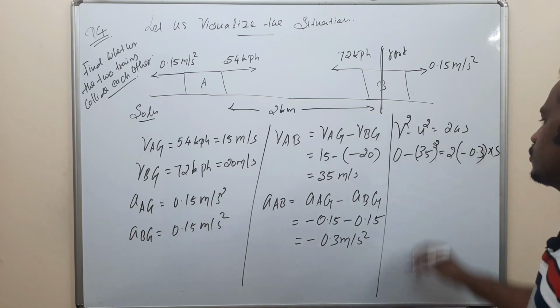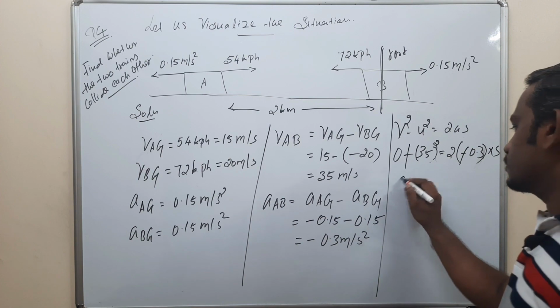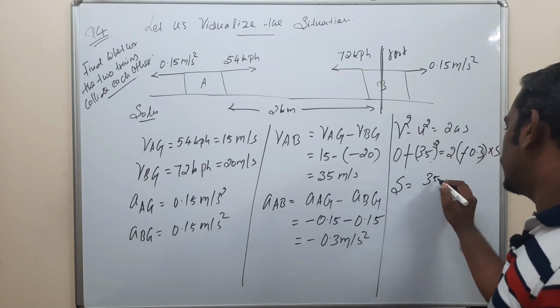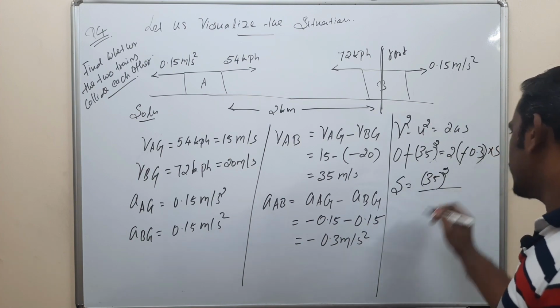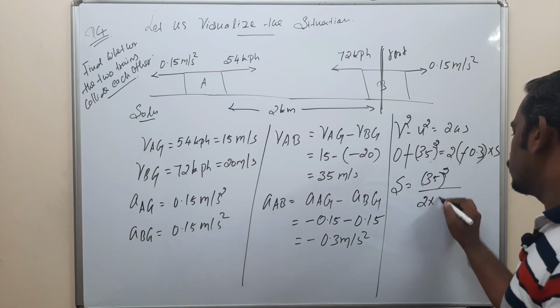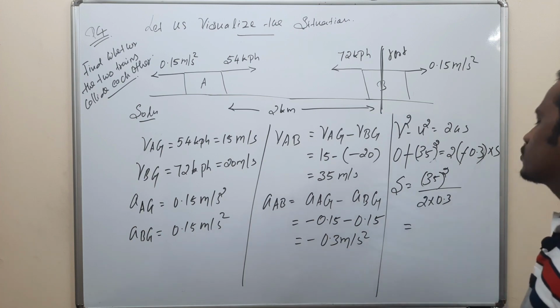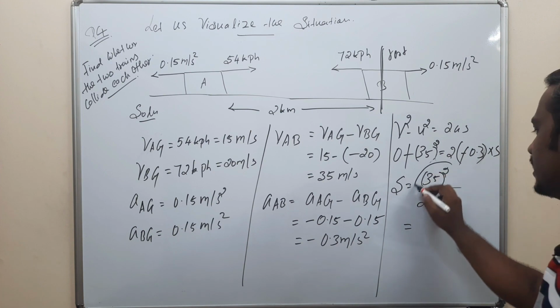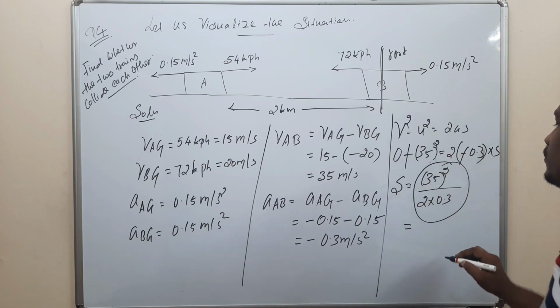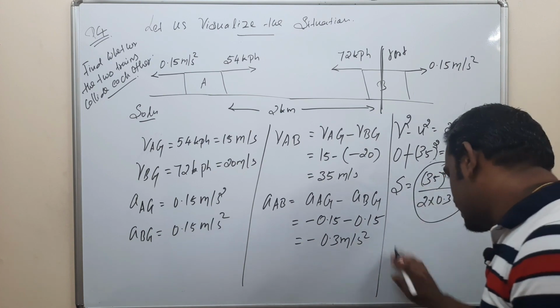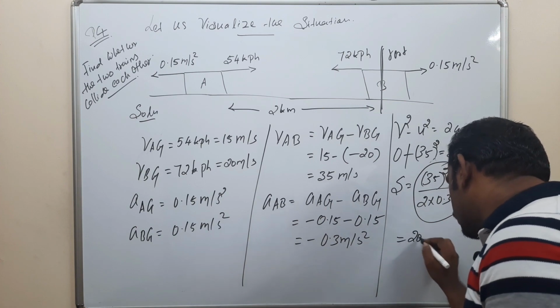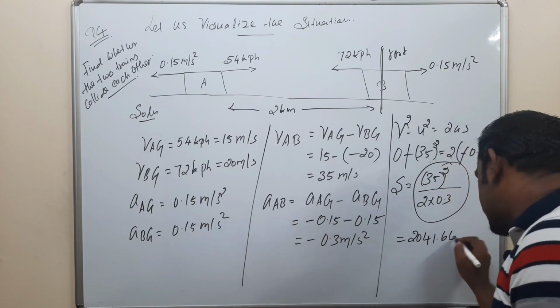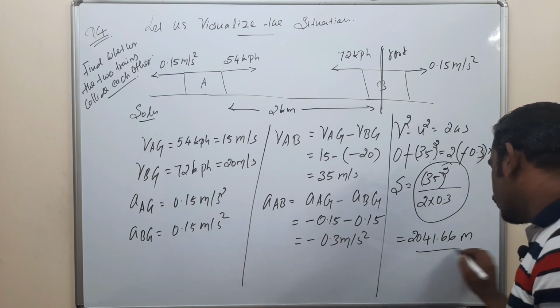So this minus cancels. So s is equal to 35 square divided by 2 into 0.3. When you solve this, you will get 2041.66 meter.